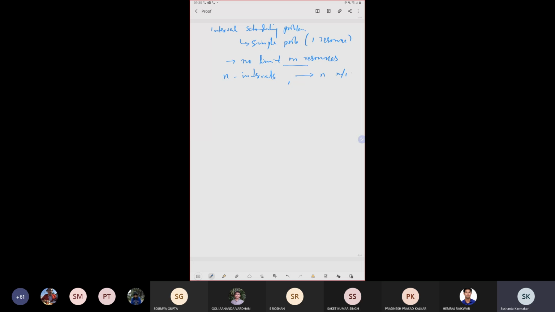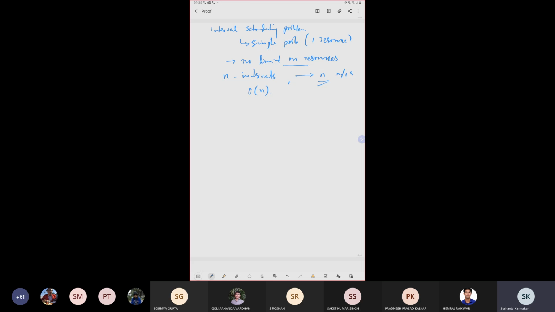Okay, so it can actually be done like this: you give some machine, each interval you give one machine. You can do that. That is a very simple assignment. But suppose the problem is not to incur n machines, but as few machines as possible.